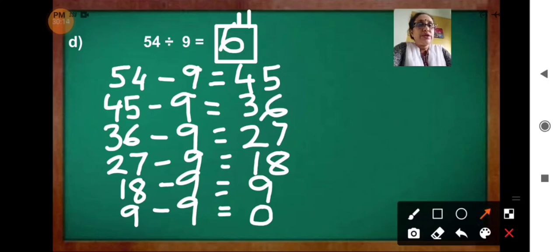Now let's look here. How many times 9 should be there? 1, 2, 3, 4, 5, 6. Yes, 6 times 9 should be here. Okay, to do the repeated subtraction. So, we have learned today divide by repeated subtraction.